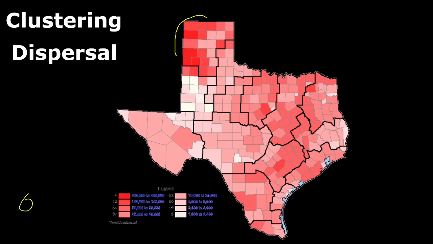So we can circle this as a cluster of population. And then dispersal is the opposite of a cluster. It's going to be the spreading out of a phenomenon. It's going to be less in value. So right here, actually below this, can be a dispersal. We see a lighter color over this area compared to up north. We see a darker shade in this area. So this is going to be a cluster. This is going to be a dispersal.